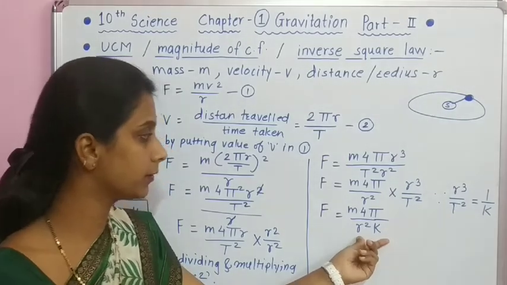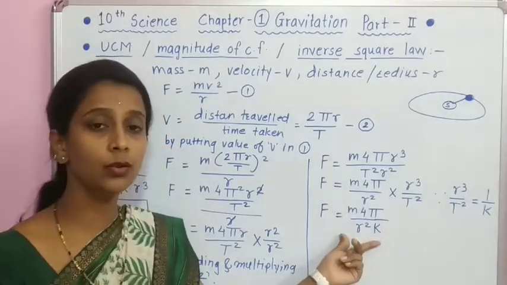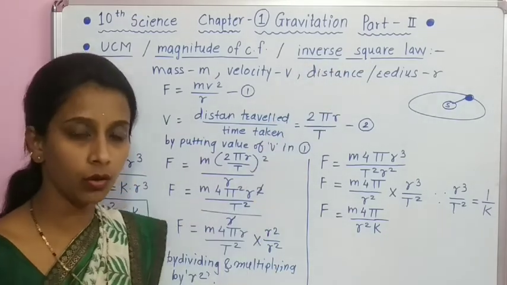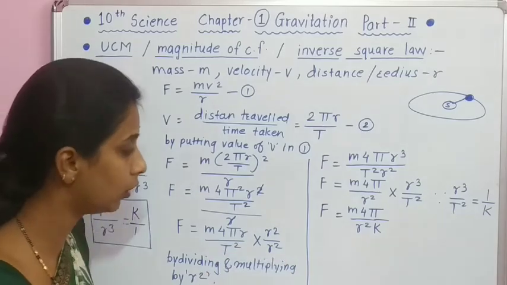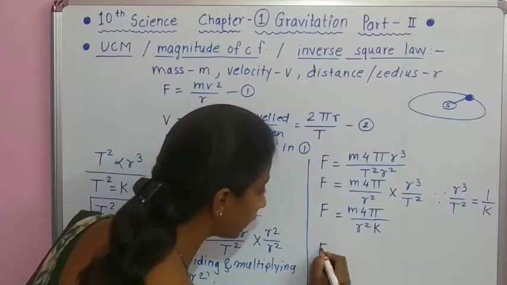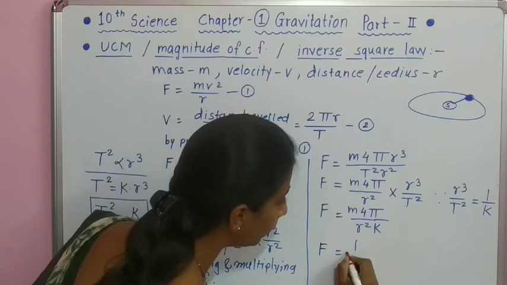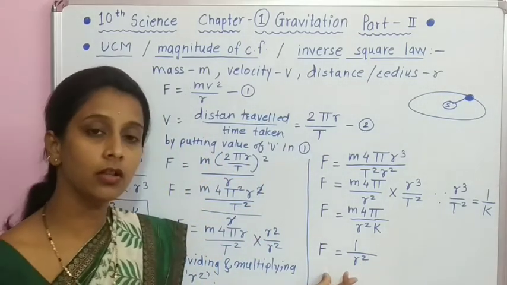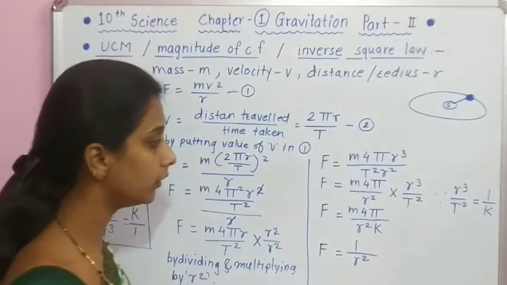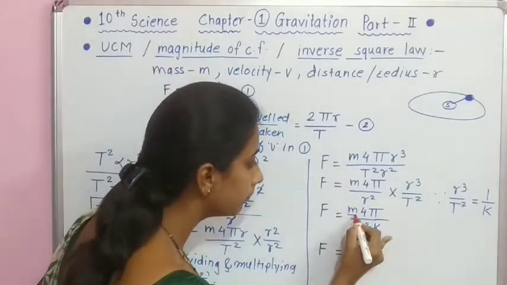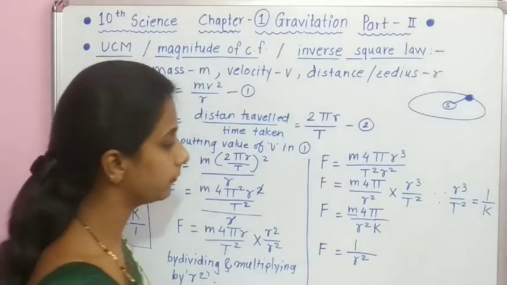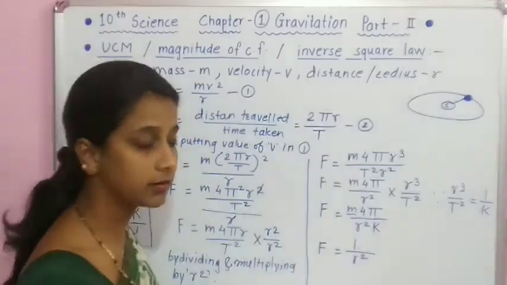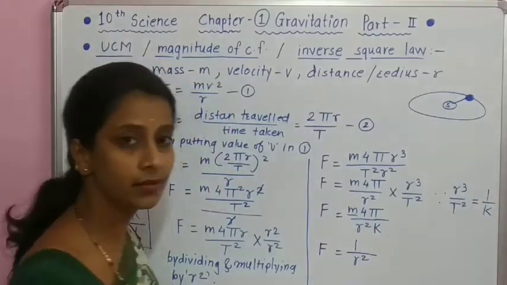Now students, it is given in your textbook, but according to the inverse square law, it is like this: F is proportional to 1 upon r square. So this is the inverse law. What is the reason behind this? Here m, the mass of the object, 4 is a number, pi is a constant, and k is also a constant.